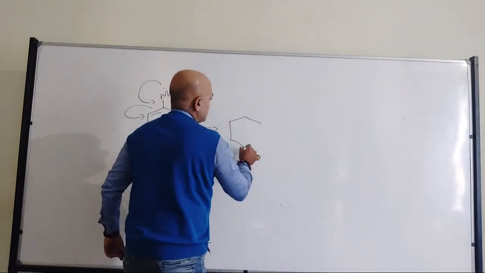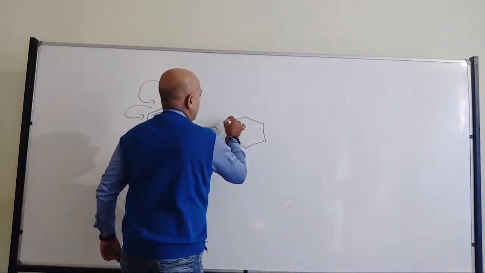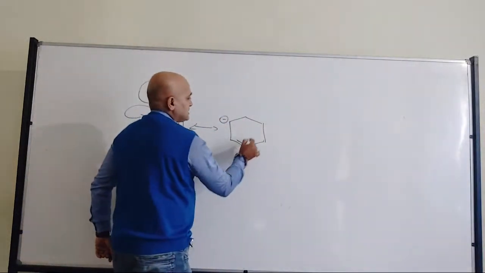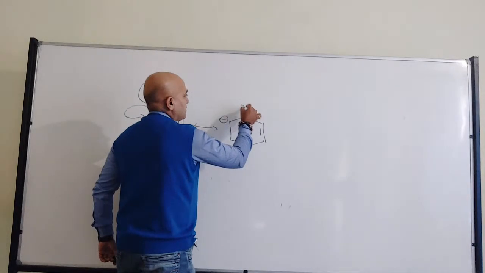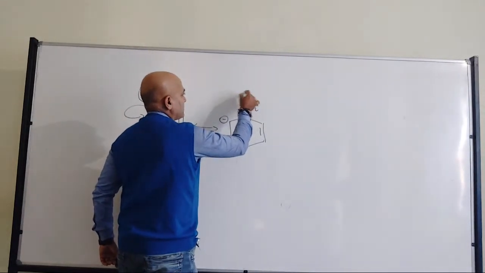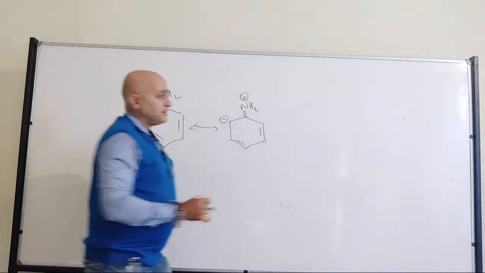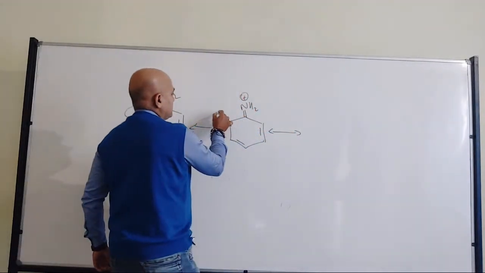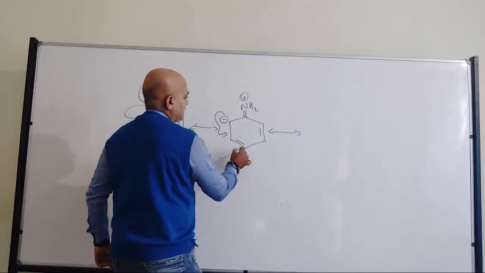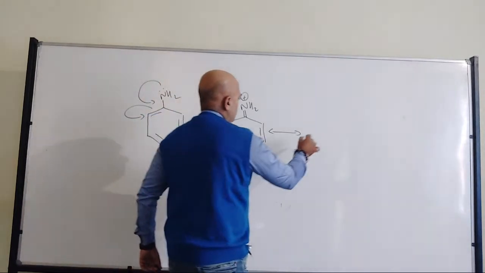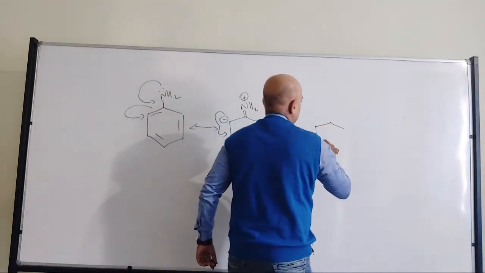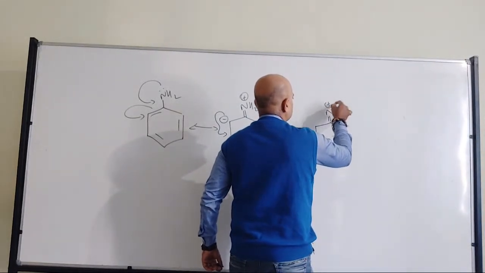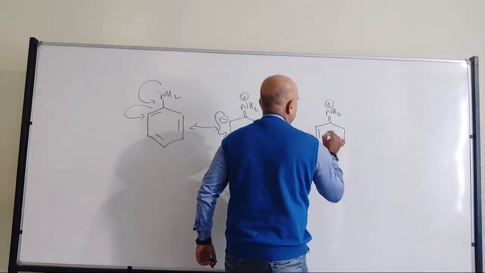Now at the next stage we will have electron density over here. This will remain the same, double bond NH2. It will become positive. Right? Since the electron is present here, it will be shifted to the next carbon. Now comes the NH2 plus, then we have the double bond.